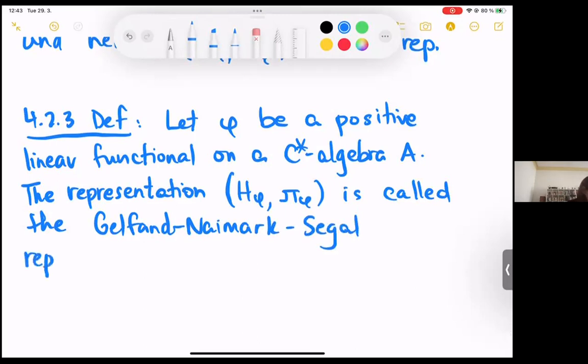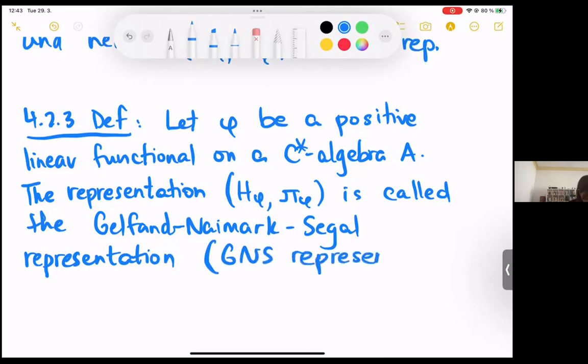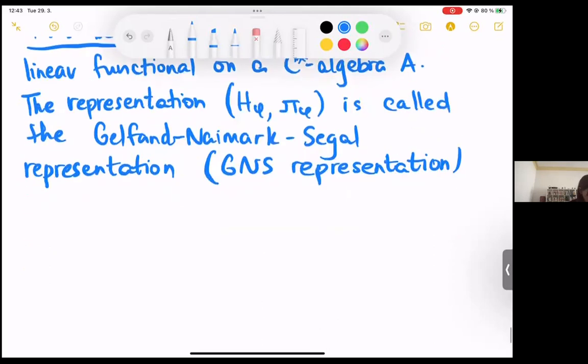Usually you'll just hear this called the GNS representation associated to this functional.